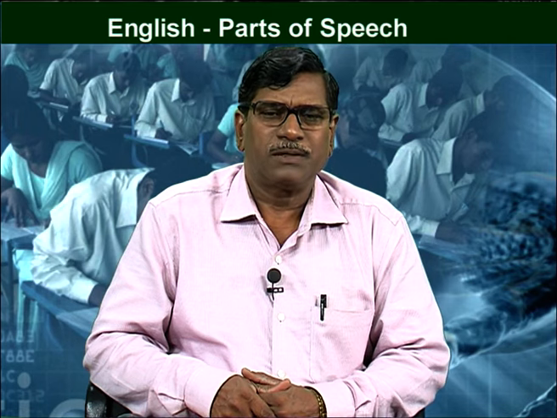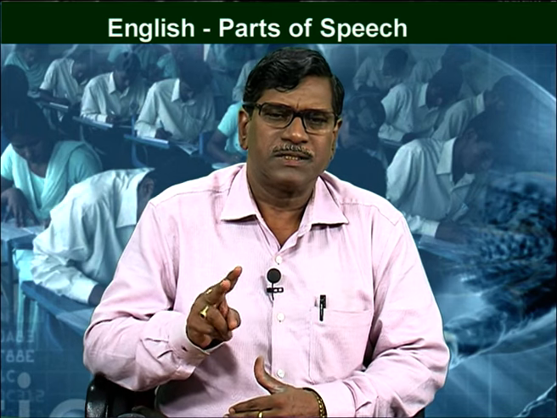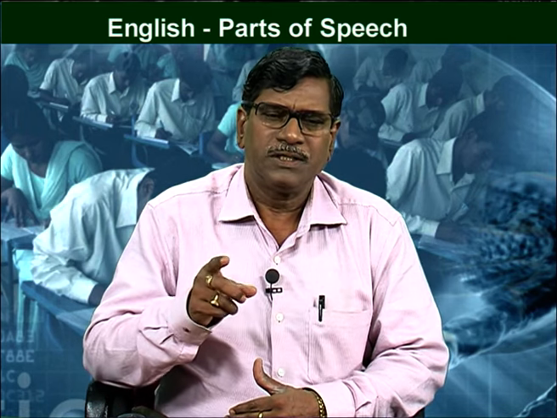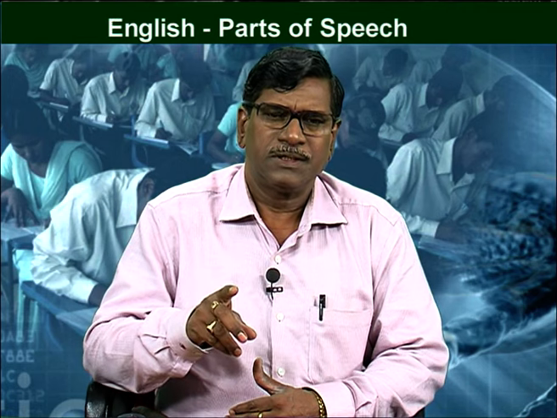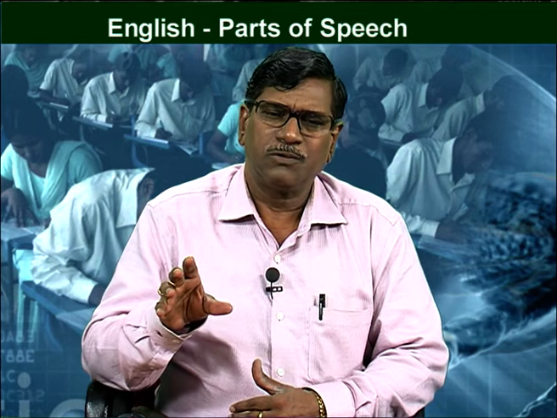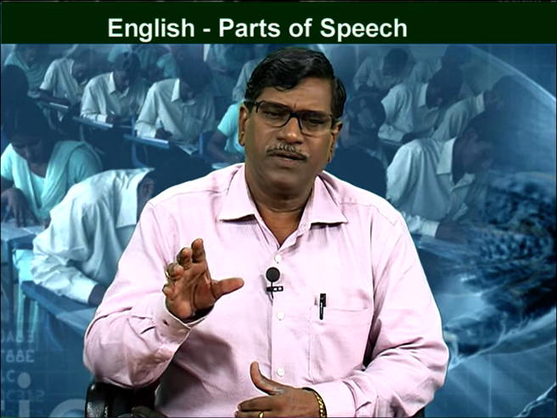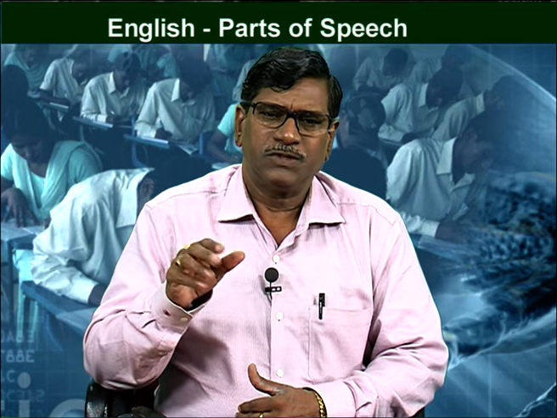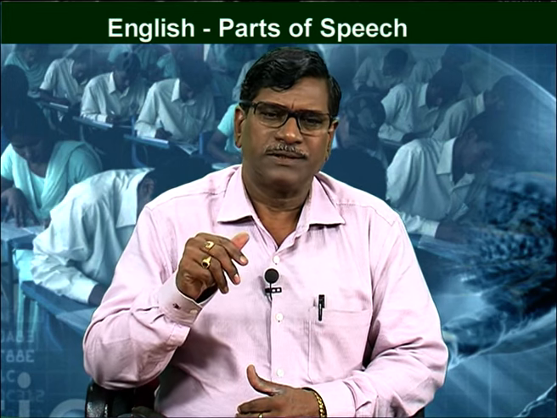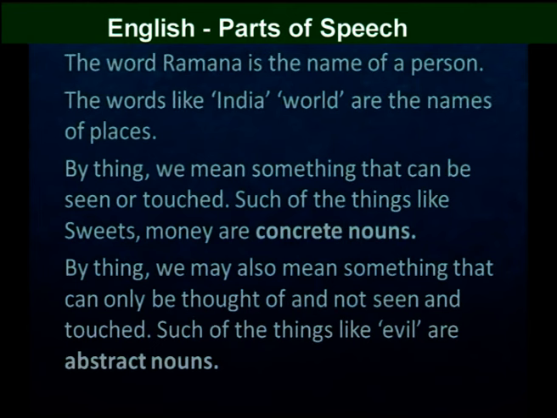So nouns are mainly divided into two varieties: one, concrete nouns, two, abstract nouns. Concrete nouns are the nouns which we can feel, see and touch. Abstract nouns we can't touch or see, we can just think about them.